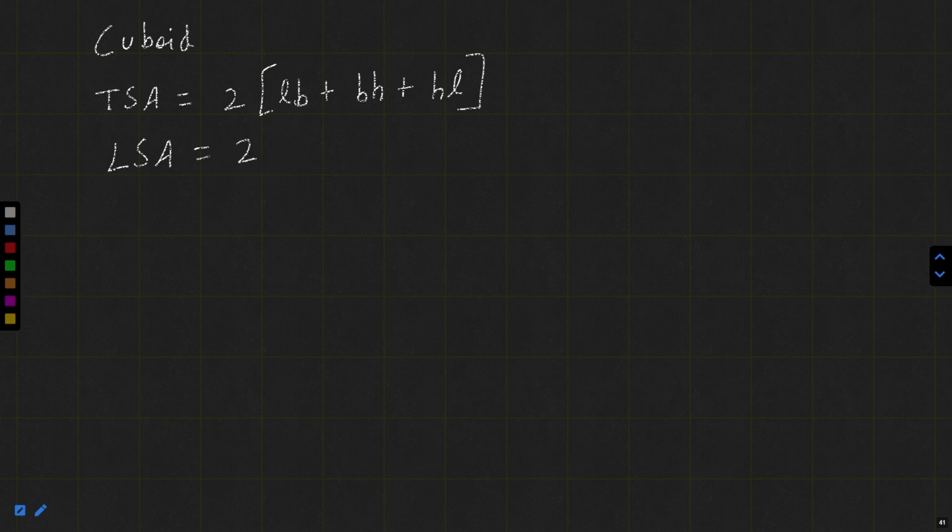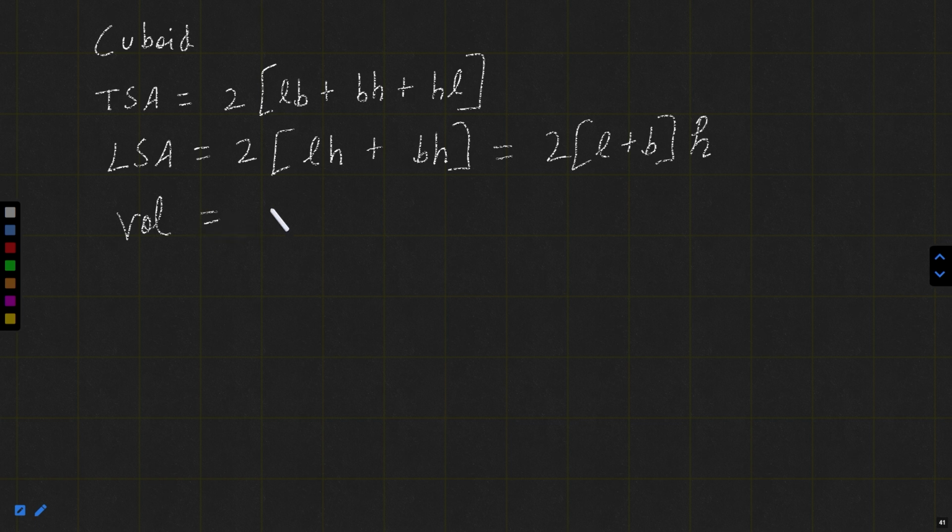So it was 2 times (L plus B) times H, which can be rewritten as 2(L plus B) times H. Okay. Now the volume for the cuboid was L times B times H. I hope this is all clear.